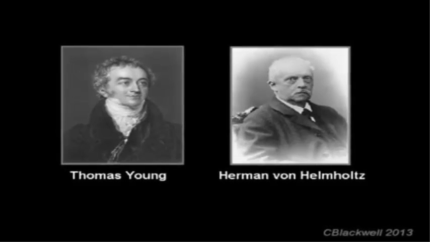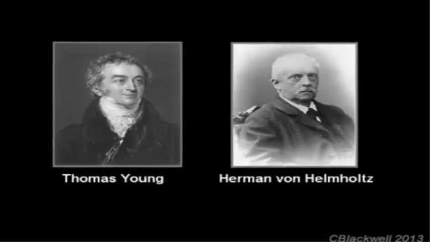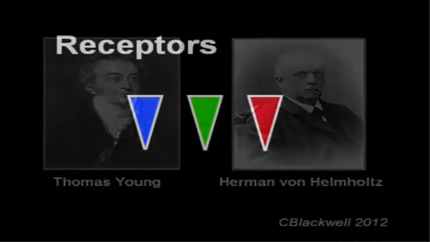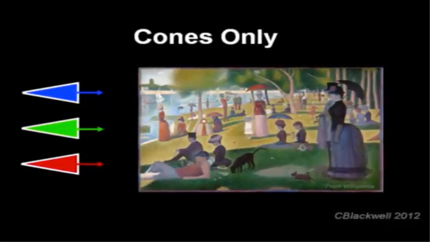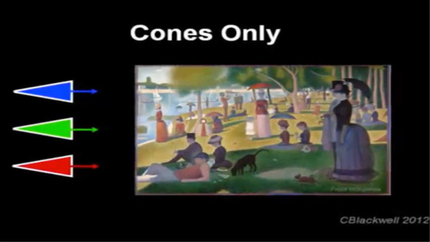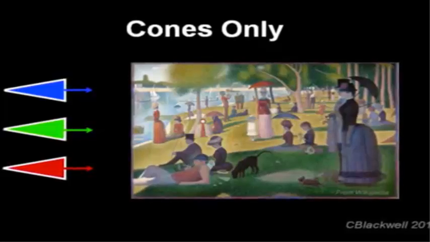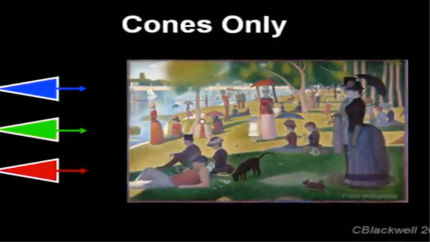They theorized that all colors could be perceived by a combination of just 3 receptors, 1 red, 1 green, and 1 blue, which much later were identified as the cone sensitivities. They theorized that as an image falls on the retina, each receptor sends a separate color signal to the brain, which assembles that information into an image you recognize.